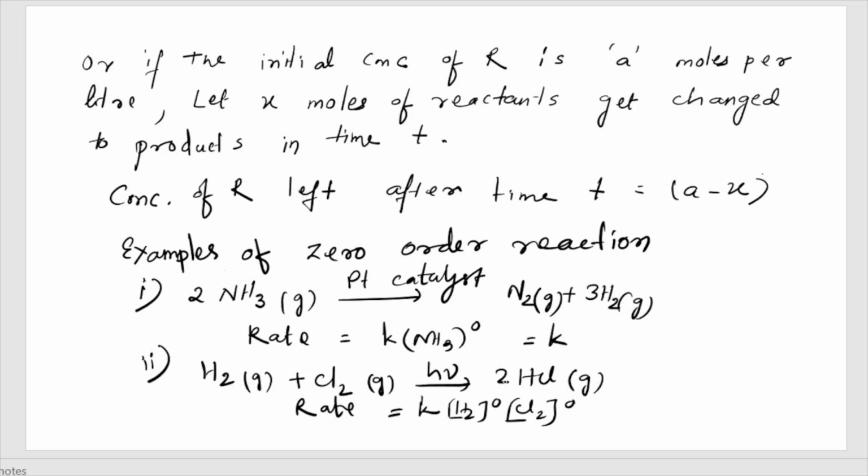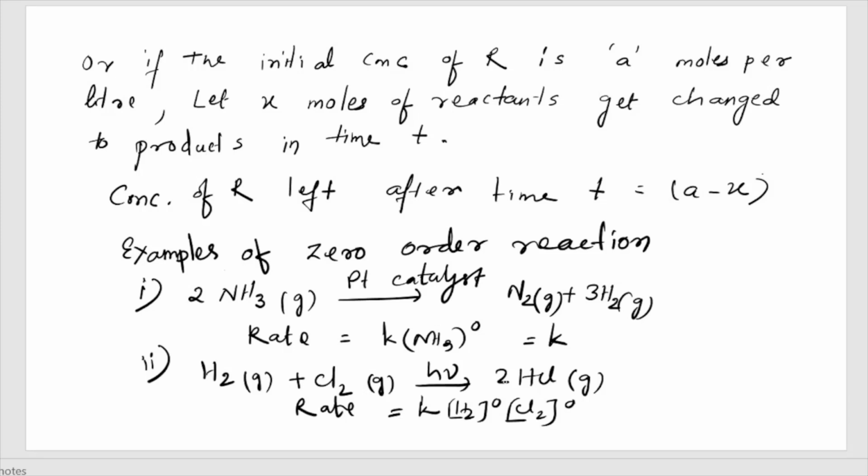In numerical problems in mathematics, this will be helpful. If the initial concentration of the reactant R is A moles per liter, and X moles are changed to product, then what is remaining?